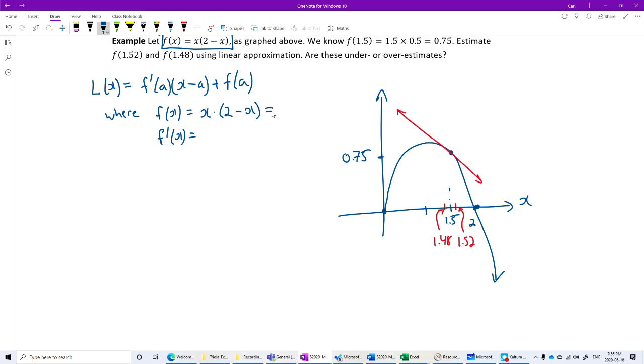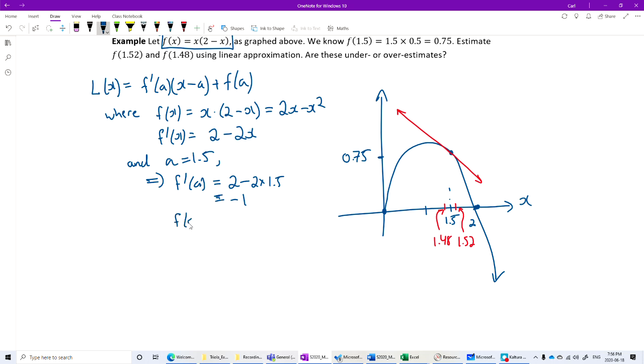If we multiply out the brackets, I get 2x minus x squared. And the derivative of that will be 2 minus 2x. And A is 1.5, which makes f prime, the slope of that red line, 2 minus 2 times 1.5, which is 2 minus 3, negative 1. The slope is negative 1.